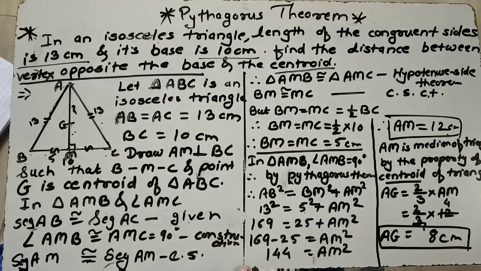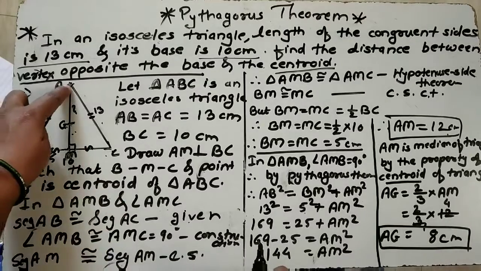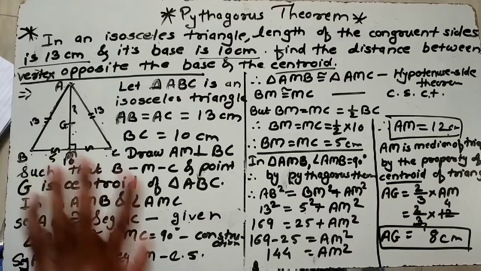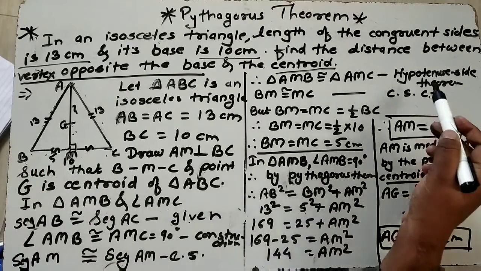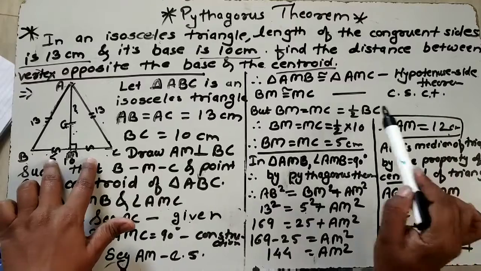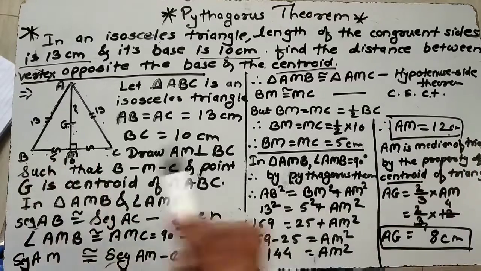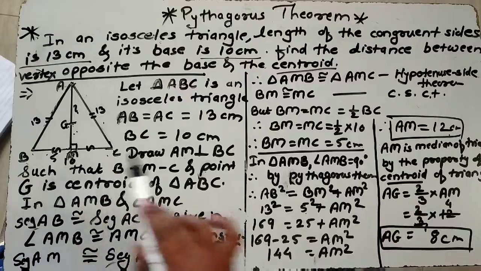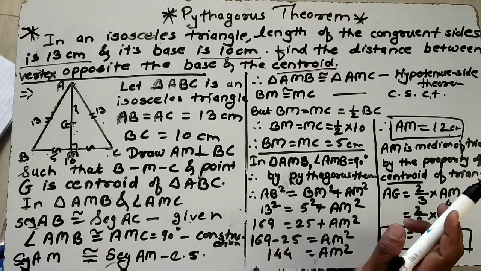So in this example, first of all we have to show these two triangles AMB and AMC congruent to each other. After that, if they are congruent, the measure of BM is equal to MC by CSCT, and you know that the measure of BC is 10. So BM is equal to MC is equal to 5 centimeter we got.